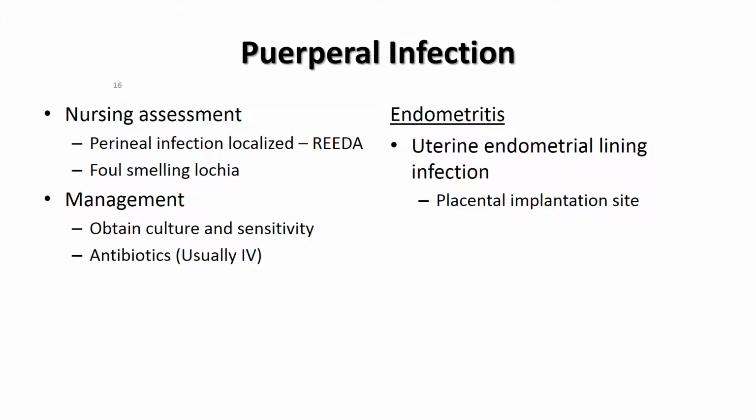When we're looking at a peritonitis type of infection, normal signs of infection will be seen along with a rigid abdomen. Endometritis, we have uterine tenderness, chills, malaise, loss of appetite, tender uterus, and frequent small amounts of urination.